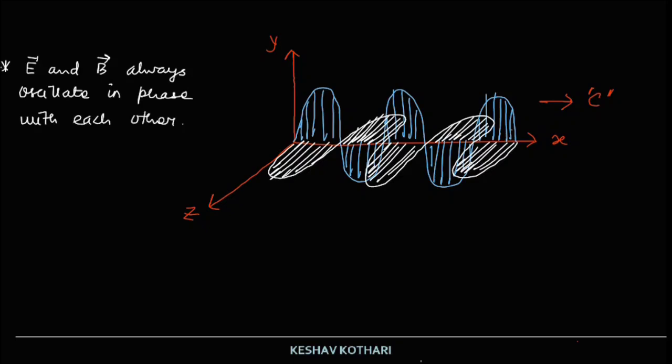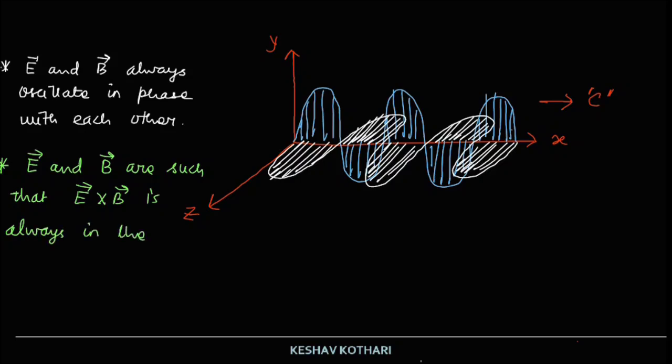And another important thing is that E vector and B vector are such that E cross B is always in the direction of propagation of wave.